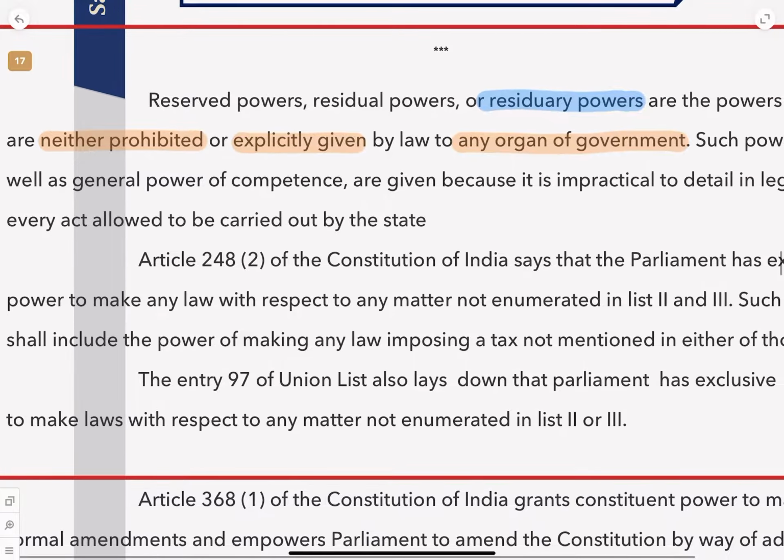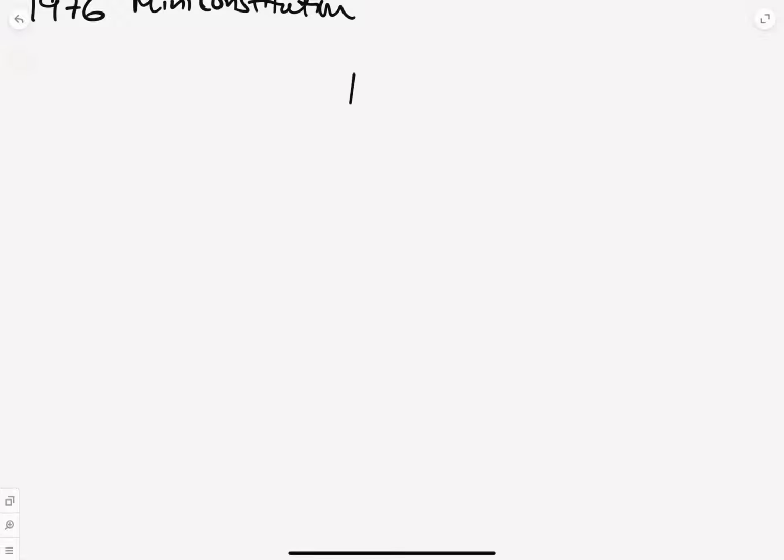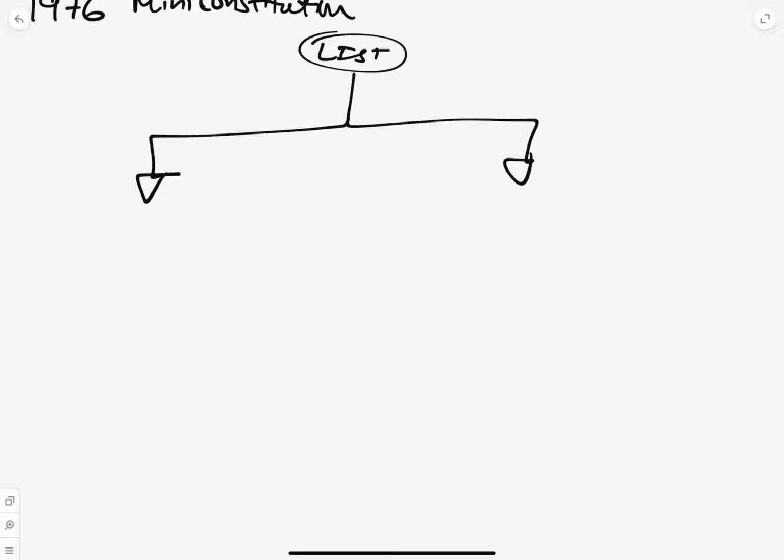So broadly you need to understand something. We have 3 lists in the constitution. Those lists are what? Union list, state list and concurrent list. What are these lists?